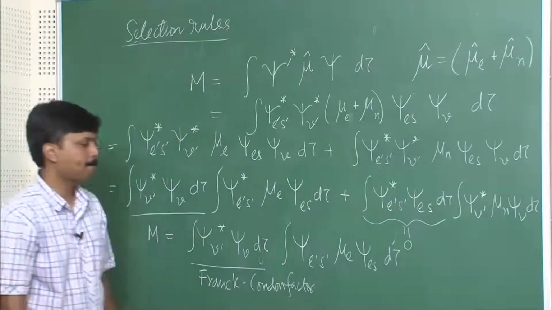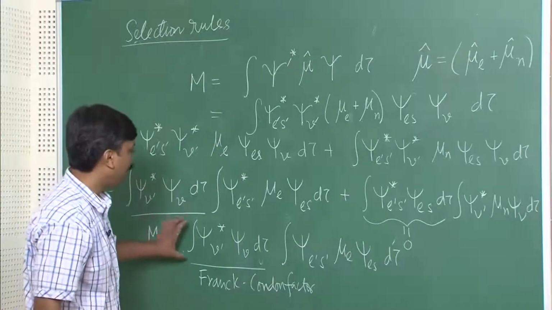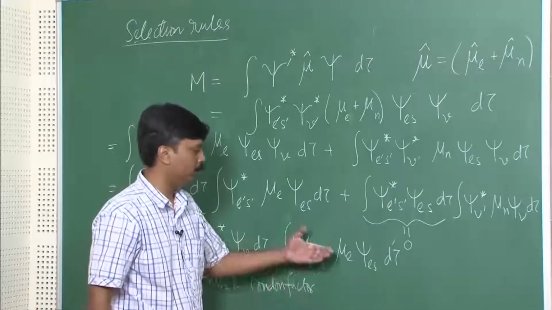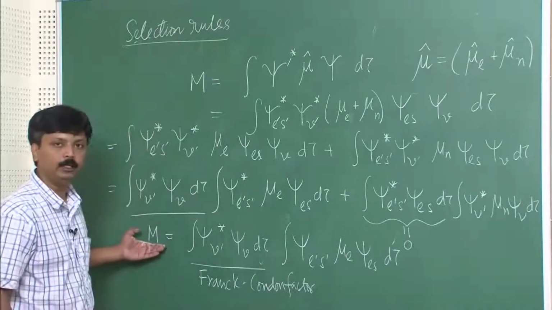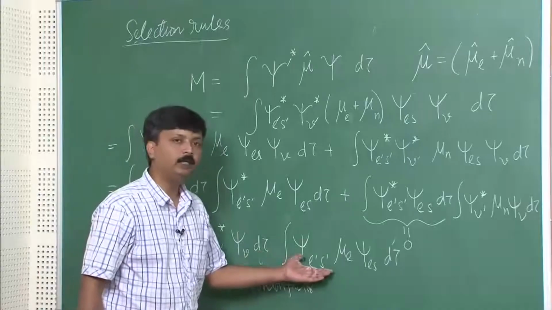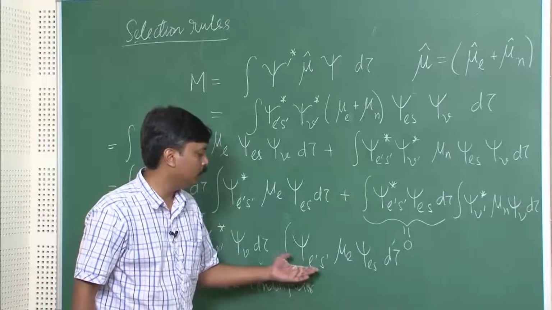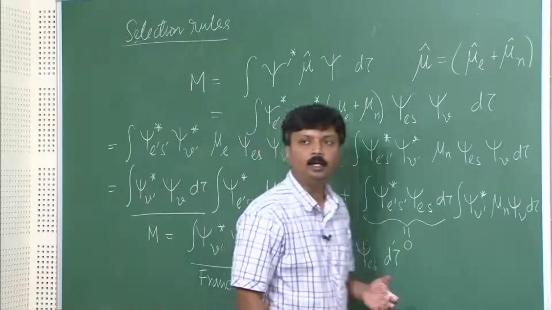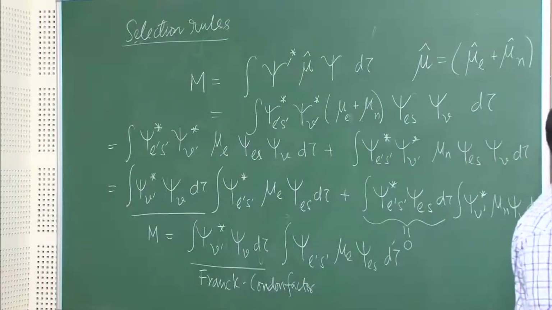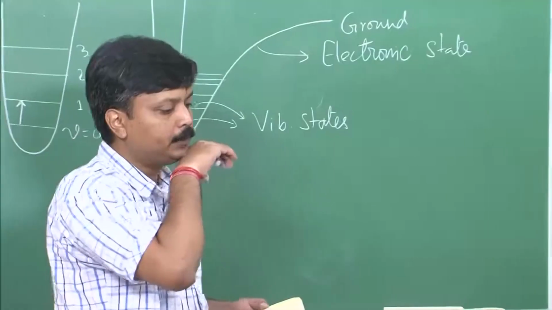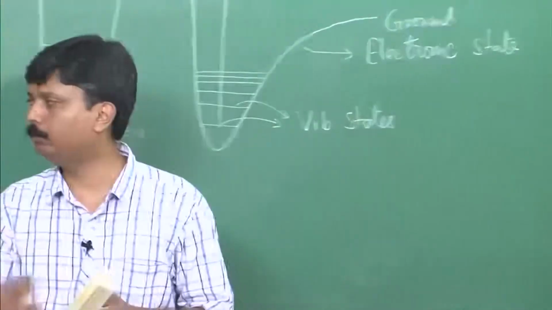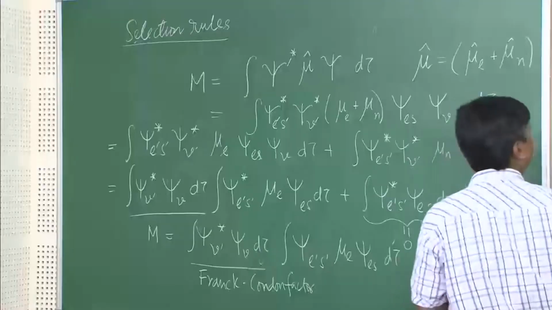All right. So I can take this product of integrals, which is now my transition moment integral, and split them even further. So this electronic part and the spin part, I can split further. So what I can write is two different integrals.